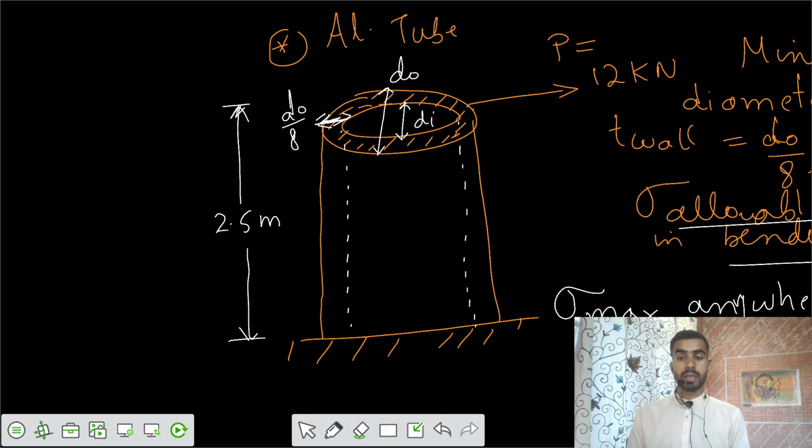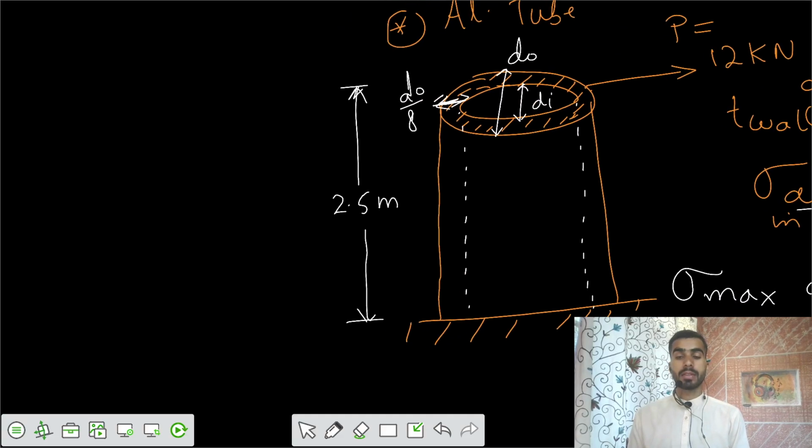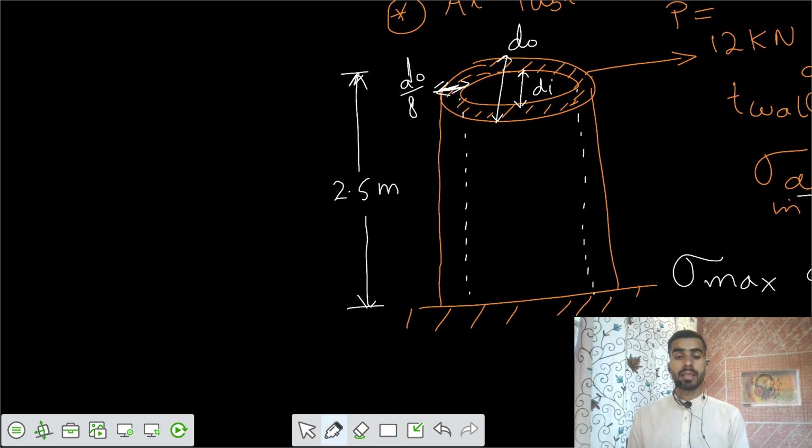So cross section remains the same throughout the length. So we can say the maximum stresses would be at y max, and I neutral axis remain the same throughout the length. That means the only variable that is changing is the maximum moment.